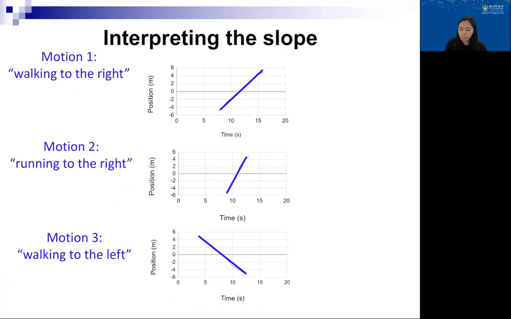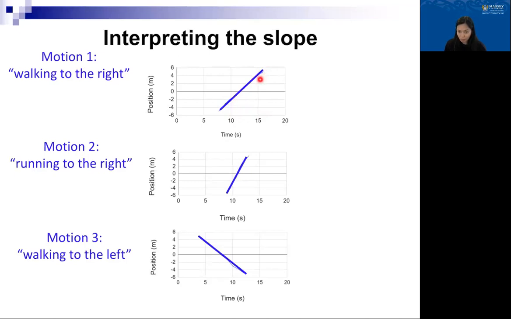So say, for example, for this motion 1, why can we say that we are walking to the right if we see this position versus time graph that's going upwards? We are moving to the right because as time progresses, we are increasing our distance.